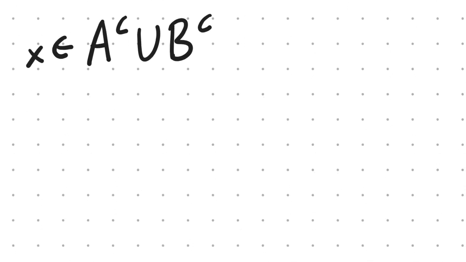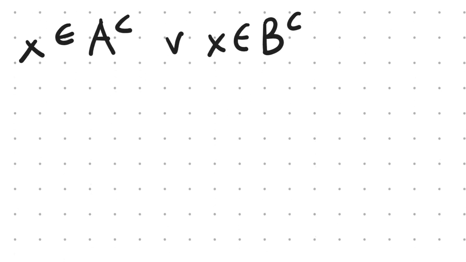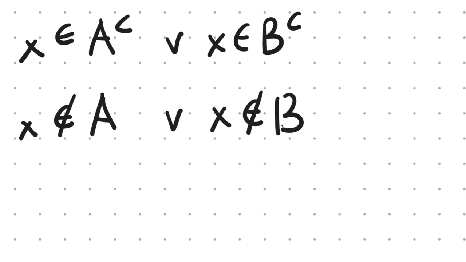Since X is in A complement union B complement, X can be in A complement or X can be in B complement, which would automatically mean that X is not in A or X is not in B. Since X is not in A or X is not in B, it states that X cannot be in both of them at the same time. This is what the statement says.